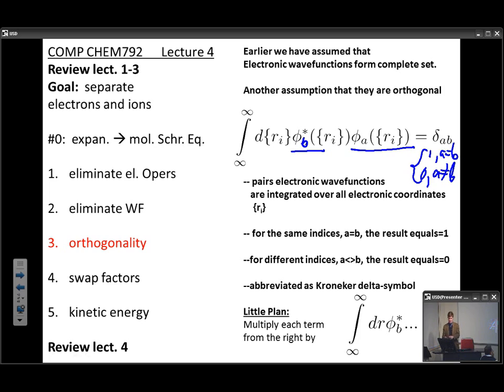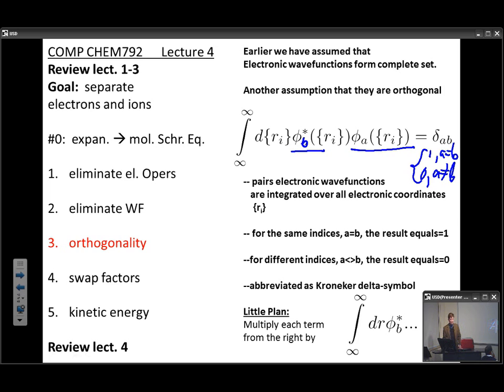There is no big science in it, but it is a very comfortable assumption, and a set of functions, if it is a full basis, can always be transformed to an orthogonal set of functions.